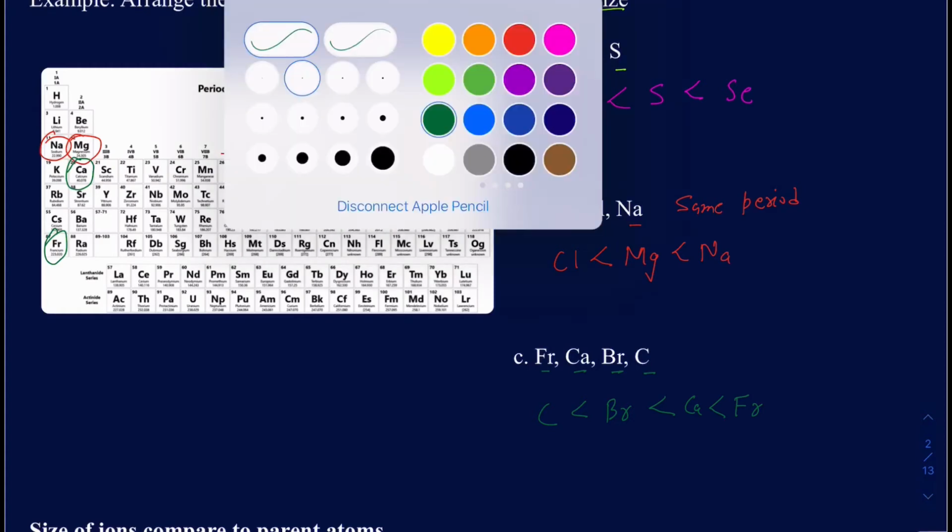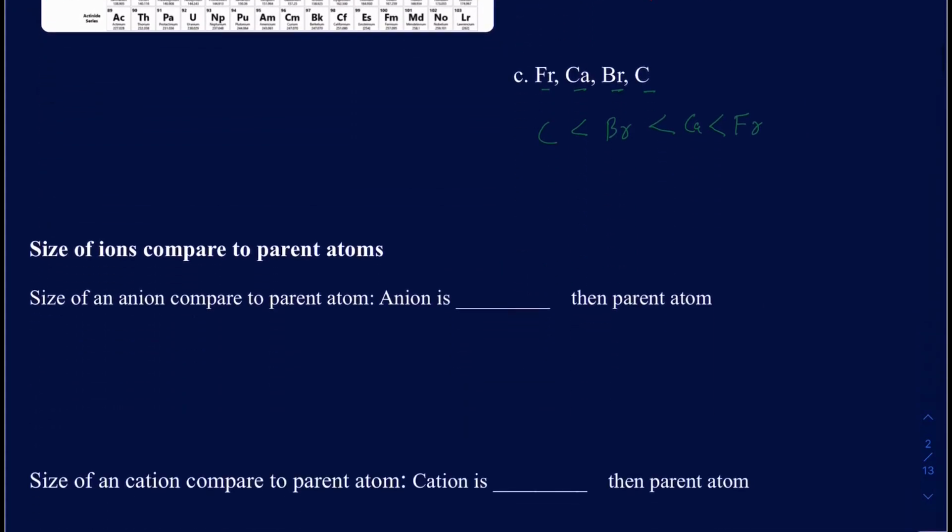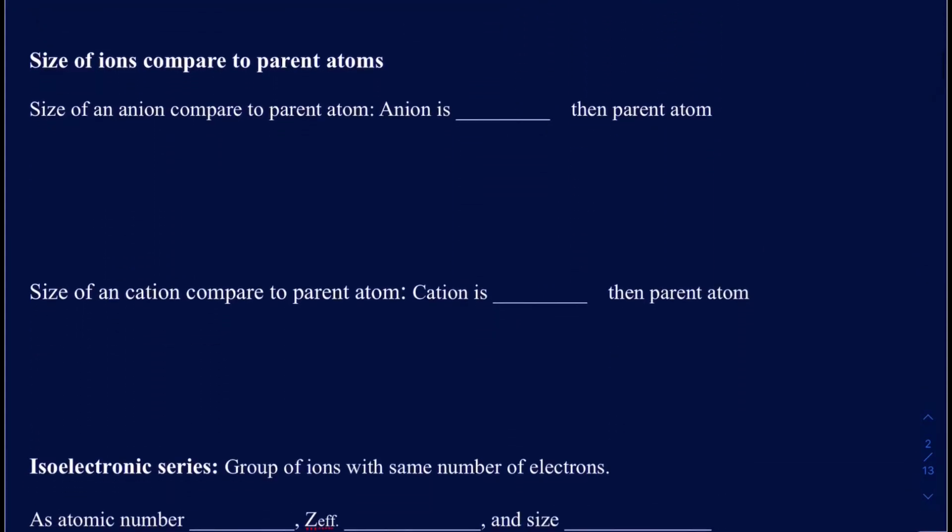Okay, let's talk about the size of ions compared to the parent atoms. Now, when I'm looking at an anion, so suppose I have chlorine here and I make an anion out of chlorine to make a chloride, so Cl1 minus. So the number of protons in chlorine is 17, and the number of protons in chloride is also 17, because remember, that's just the atomic number.